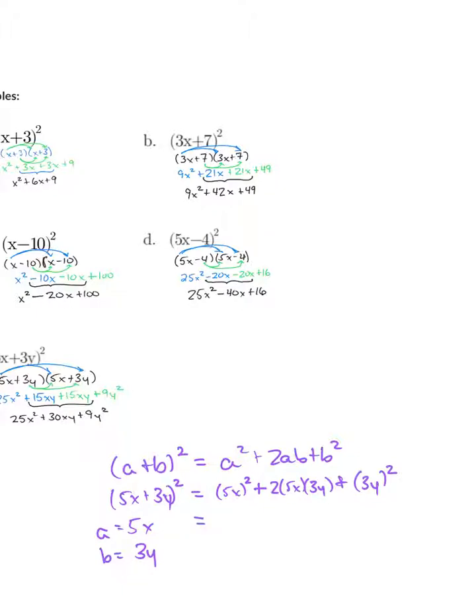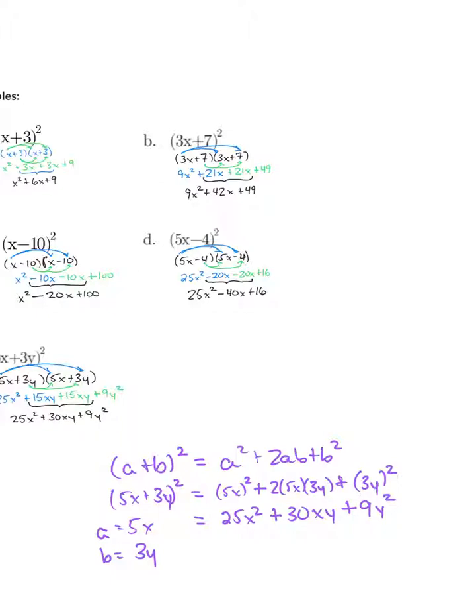Now we simplify. 5x times 5x gives me my 25x squared, plus we multiply the numbers in the middle term: 2 times 5 is 10, times 3 is 30xy, plus 3y squared gives me 9y squared.